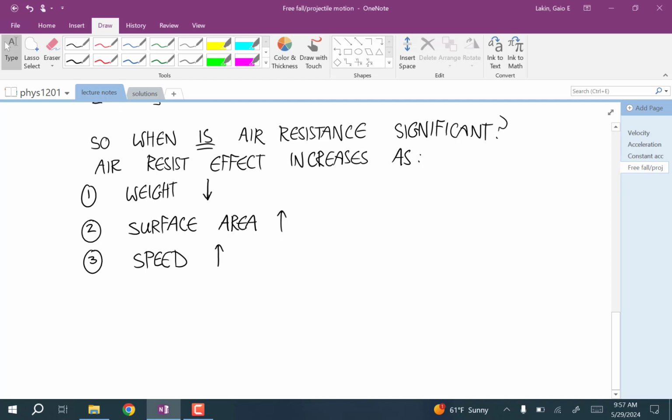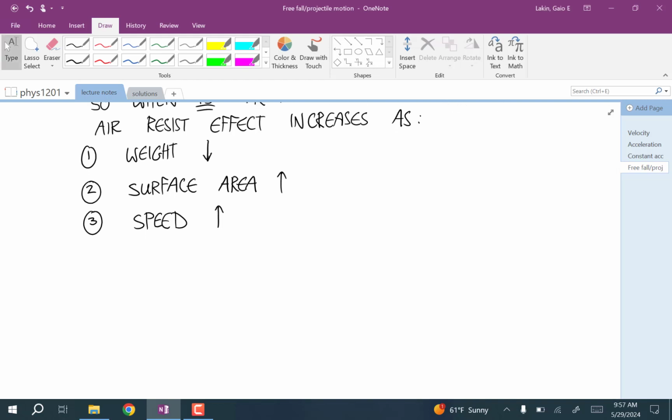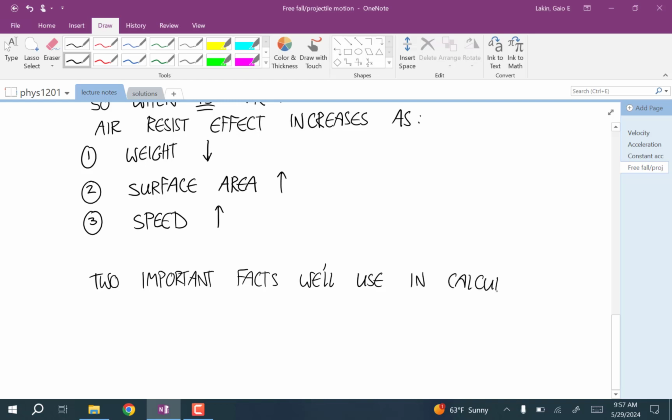Okay, the one last thing I want to say before we start getting into calculations involving free fall and projectile motion. These are two important facts that we'll use in calculations.